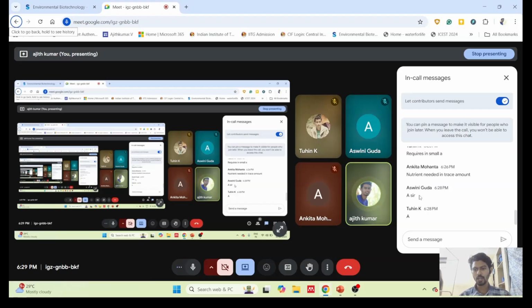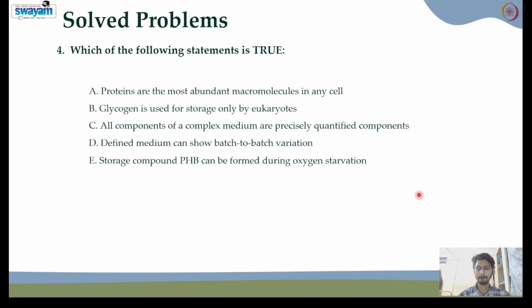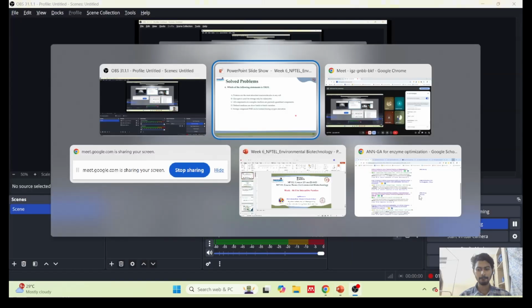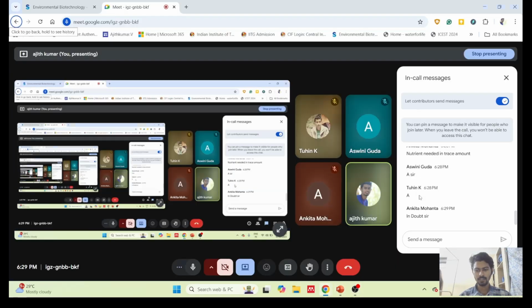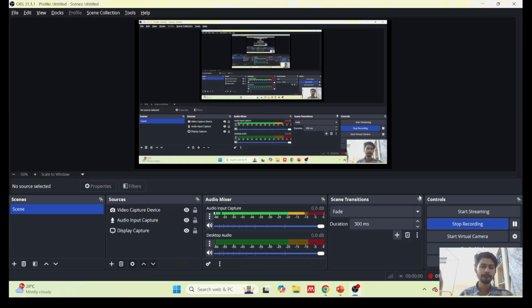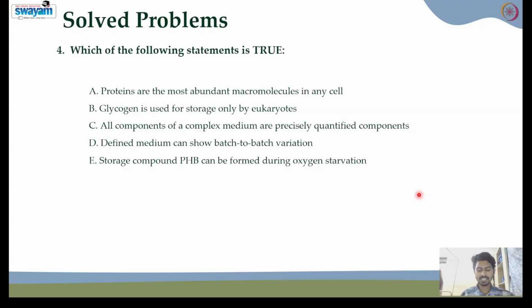Tuin and Ashwini said option A. Okay, Ankita, we will see the answer. It's okay. So the answer is option E. Storage compound PHB can be formed during oxygen starvation.